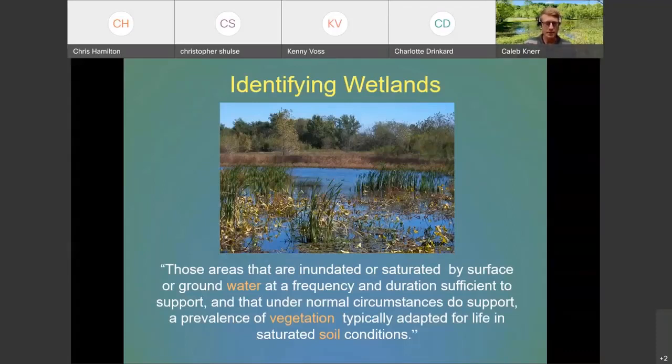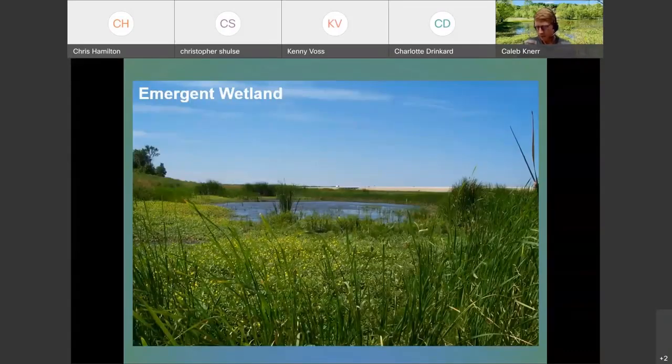The three things that we look for during the field visit are hydrophytic vegetation, hydric soils, and just presence of recent or even current water, signs of water on the area. Here's an example of an emergent wetland, and these types of wetlands are characterized by emergent vegetation that is non-woody.